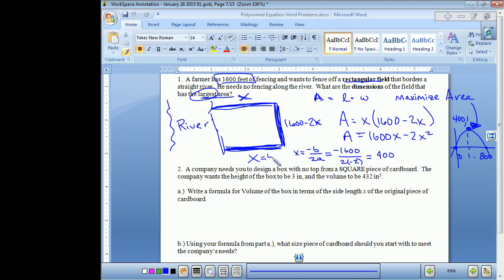So if this is 400, what's my other dimension? 800. So it's 400 feet by 800 feet. Those are the dimensions of the field that would maximize the area, given that length of fencing.